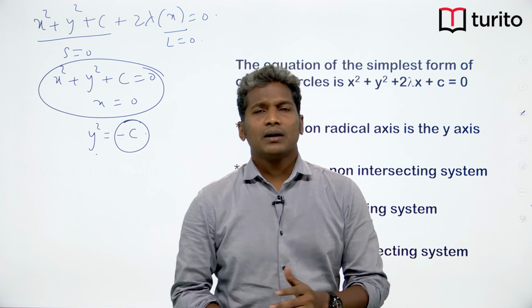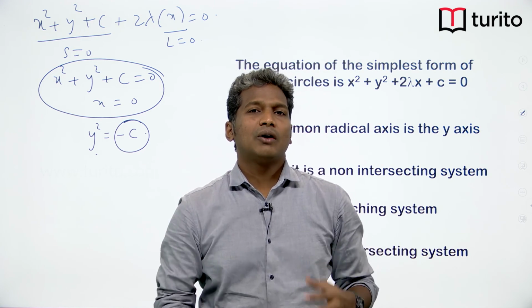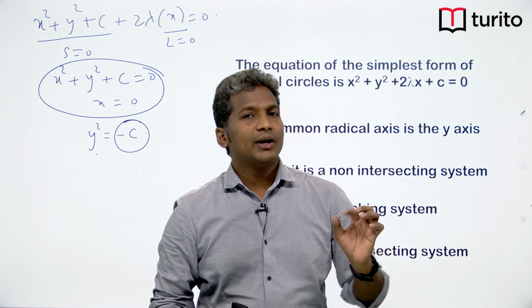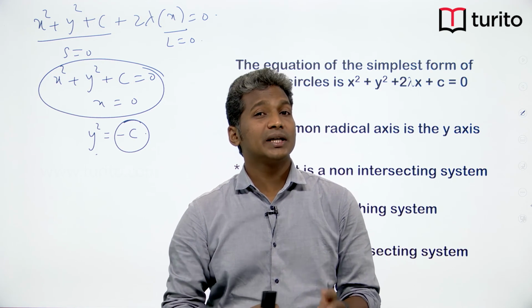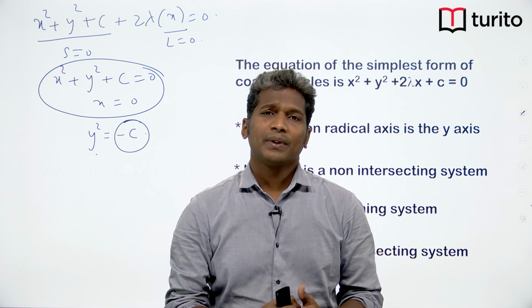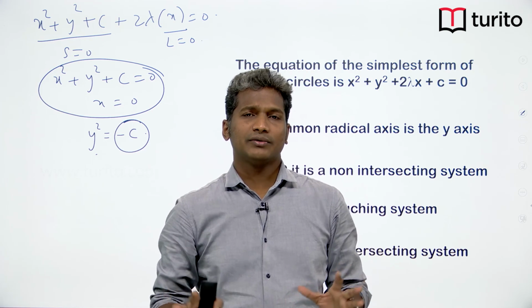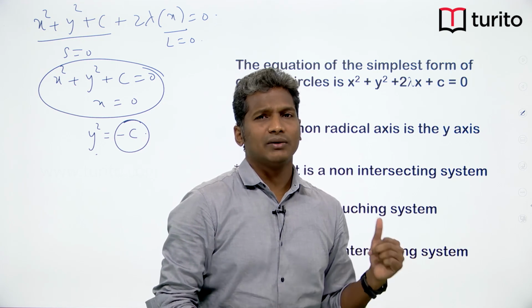We have understood what is radical axis and how to solve problems using the concept of radical axis, and also what is radical center, how to solve problems, what are some theoretical tips and ideas, and what are the problem solving ideas. We have understood all of them, and towards the end we learned the coaxial system at a basic level.